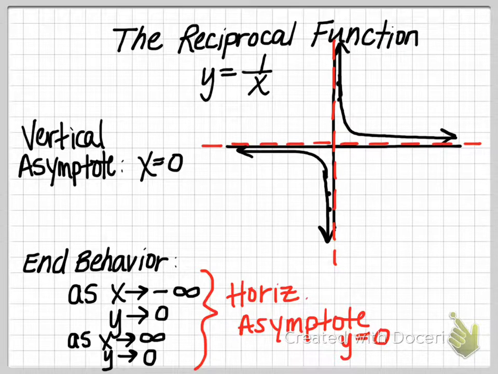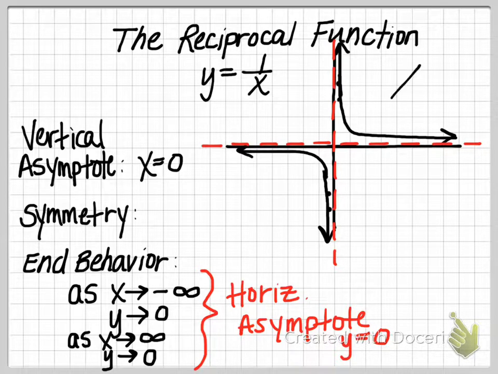And then lastly, let's go ahead and talk about symmetry, since that's something that we have discussed already. This function definitely has symmetry. And perhaps you didn't even think about it before, but now that we've made a table to graph it, you'll notice that if you were to take the branch here in the first quadrant and rotate it 180 degrees, you would get a matching branch here, an overlap, in the third quadrant.